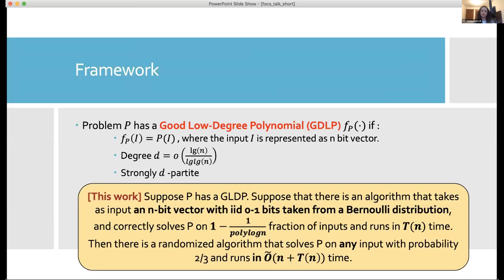So suppose that we have this average case solver for P. Then there is a randomized algorithm that solves P on any input with probability 2/3 and runs in order n plus T(n) time. So basically, this is our worst case algorithm. And this is our worst case to average case reduction here for problems that have good low degree polynomials. So this is the main theorem of our framework.